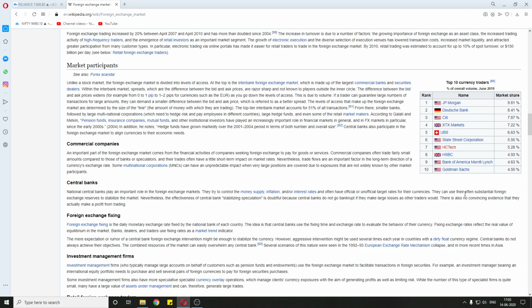Among the entire world, these top 10 traders, big banks, are trading almost 25 to 30%, even more than that. I think it is like 40% or something. So out of the entire world, 40% of the overall trade is traded by these 10 banks.